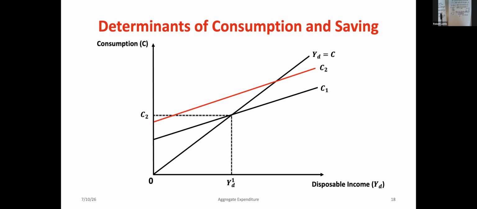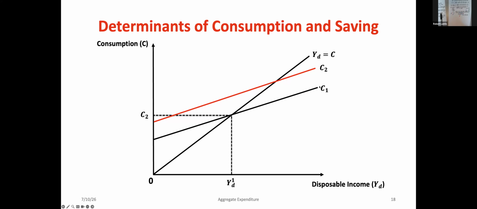So if I saw an increase in my consumption, where is my new break-even point? Excuse me, the new point where actual consumption hits my possible. If you want to think about this 45-degree line, this was where all of my income is being consumed. So this would be like if we were taking all of our resources and buying products. So the point where we would be spending all of our income hits actual consumption.